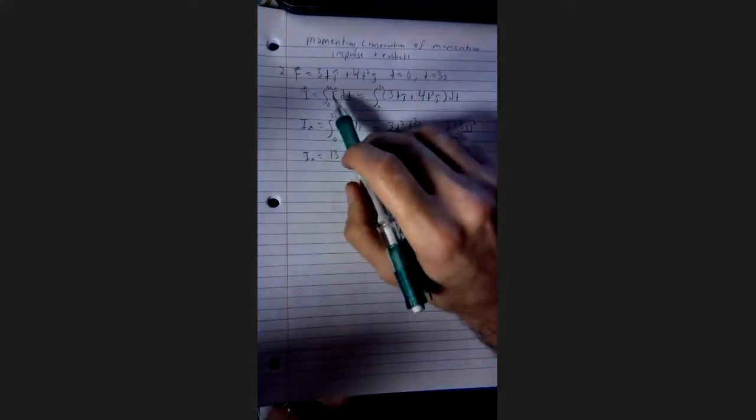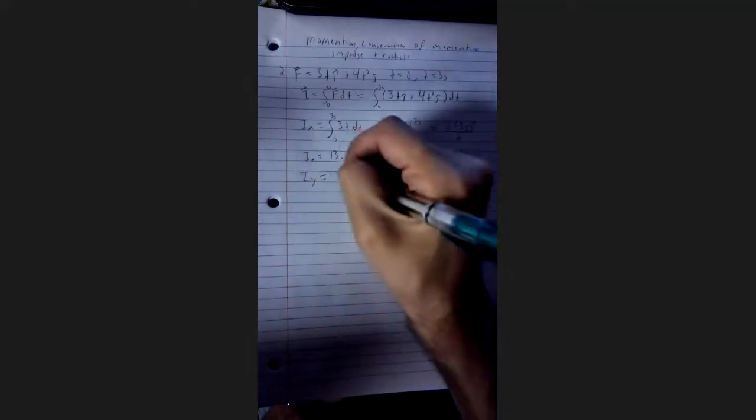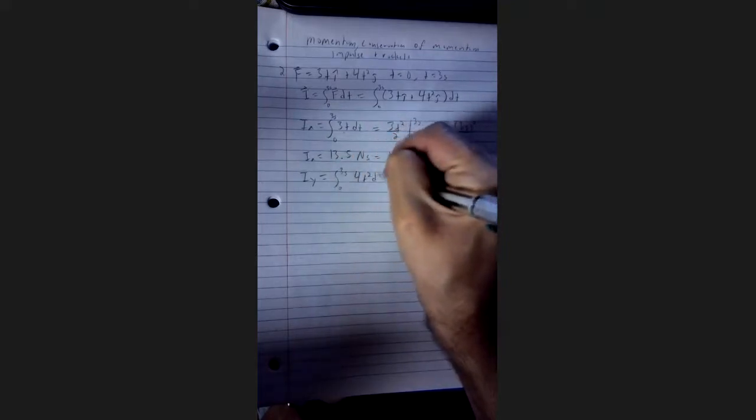It has units of force times time. This is Newton seconds, or equivalently, this is kilogram meters per second. The part of the impulse in the y direction is the y part of the force. So the 4 can come out, we just integrate the t squared.